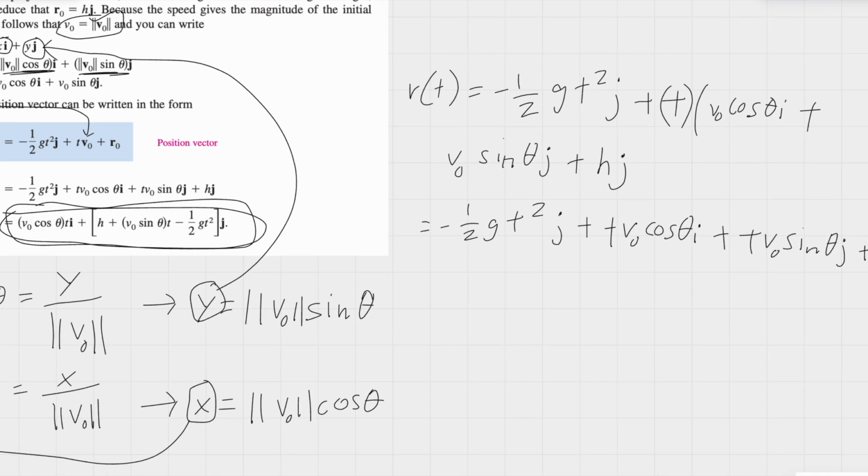plus hj. Now we can separate the i component and the j component.